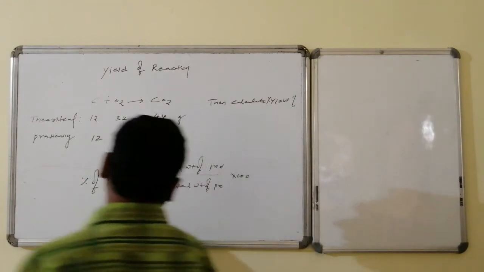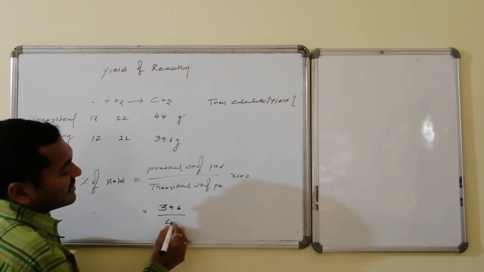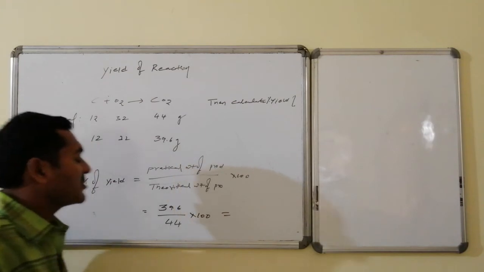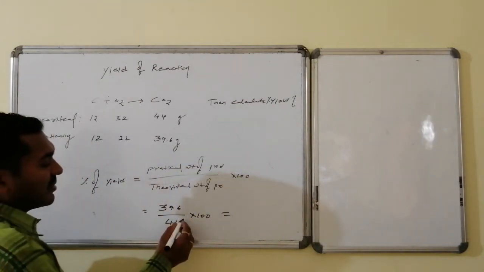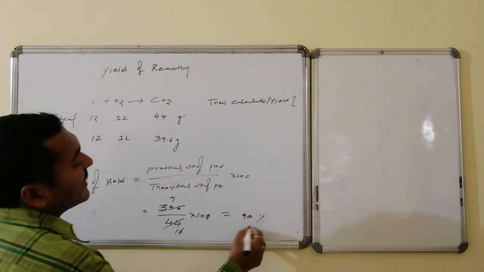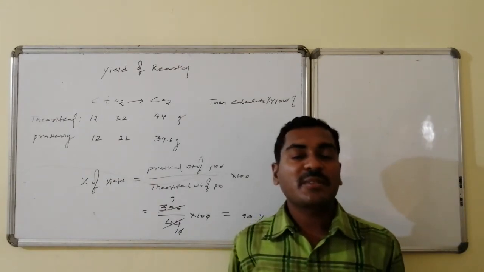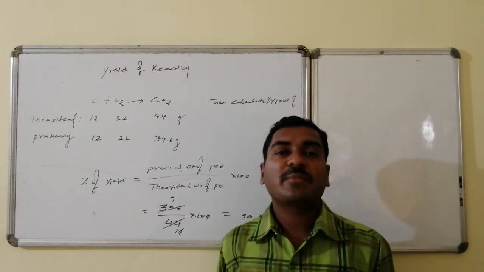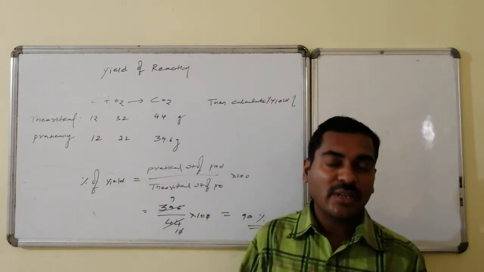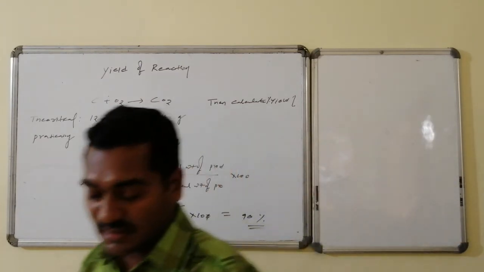So this will become equal to, what is the practical weight? 39.6, whereas theoretical weight is 44 that we are expecting, and that into 100 will become equal to, this is 4.4 tens and 4.4 nines. So this will become equal to 90%. So the yield of the reaction is 90%. That is, out of every 10 grams expected, 9 grams are obtained. Thus in the total expected amount of 44 grams, here we are getting 39.6 grams as product.